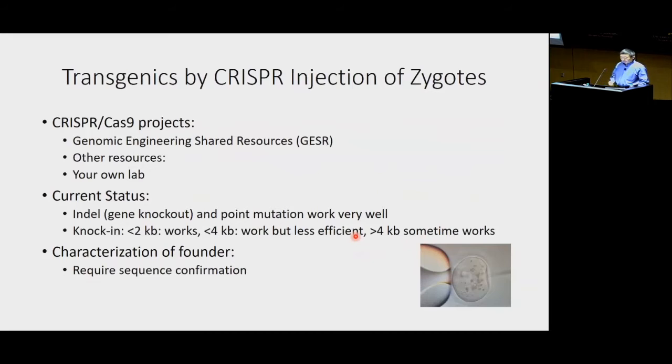I need to explain a little bit more about when you make a large knock-in. If you read the papers, there are several that all claim a very efficient method to knock in, say, fragments larger than 5 kb or 4 kb.